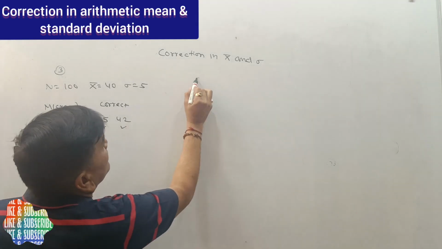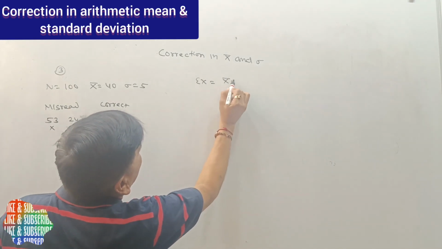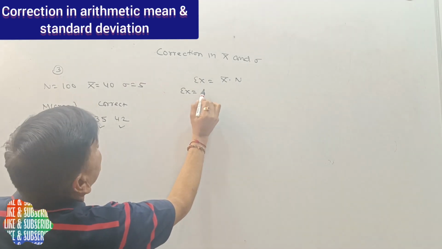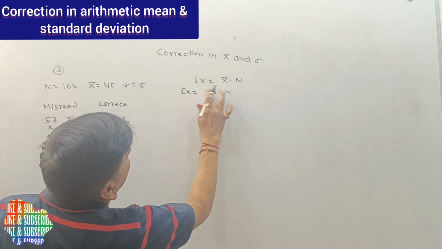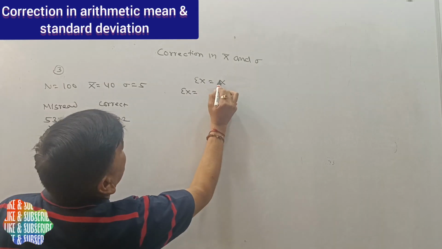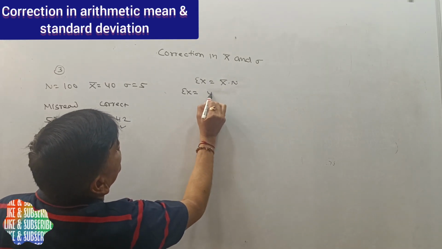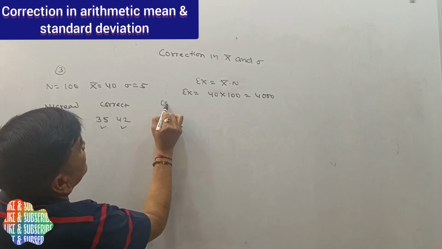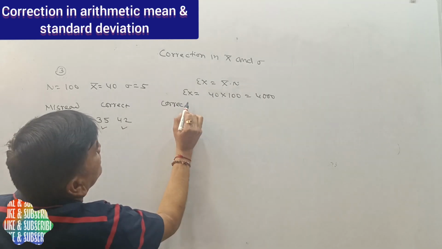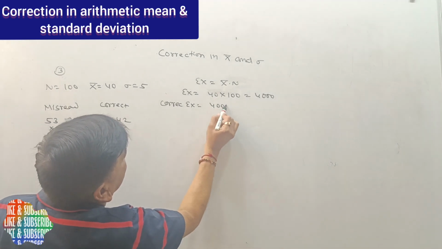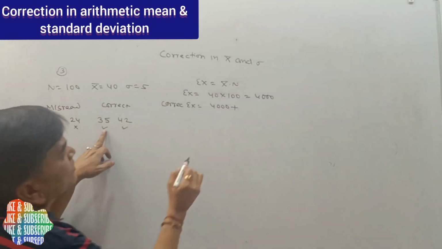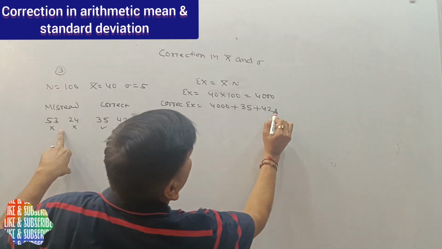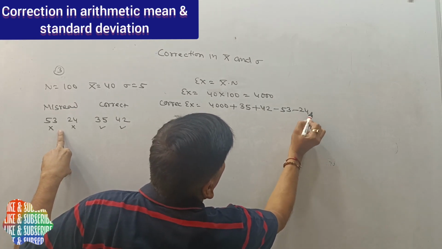The value of sigma x is equal to x bar multiplied by n. So sigma x is 100 multiplied by 40, that is 4000. Correct sigma x is 4000 plus right value 35, right value 42, minus wrong value 53, minus wrong value 24.